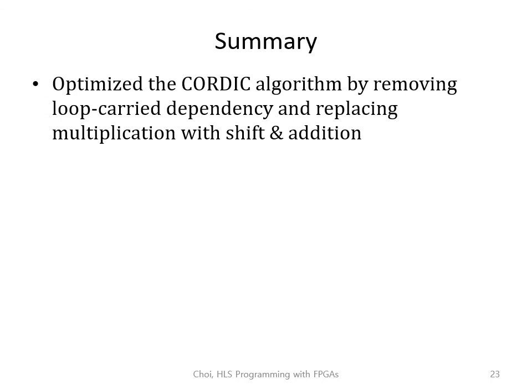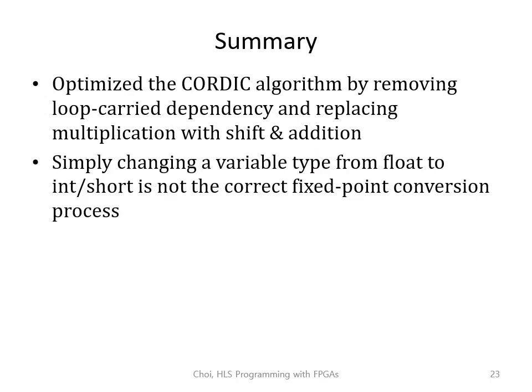Here's today's summary. We have optimized the CORDIC algorithm by removing loop dependency and replacing multiplication with shift and additions. But we also learned that simply changing a variable type from float to int or short is not the correct way of doing fixed point conversion.